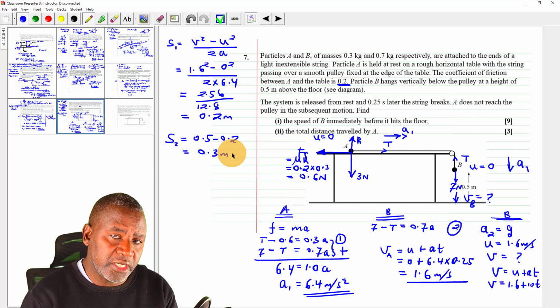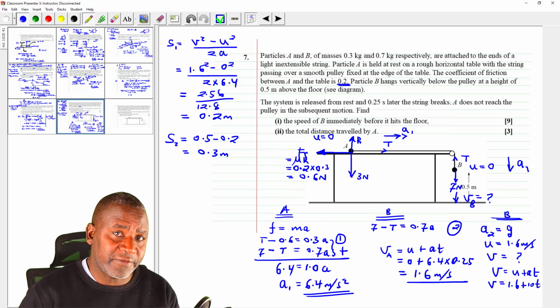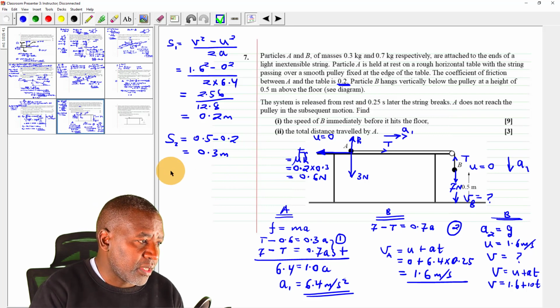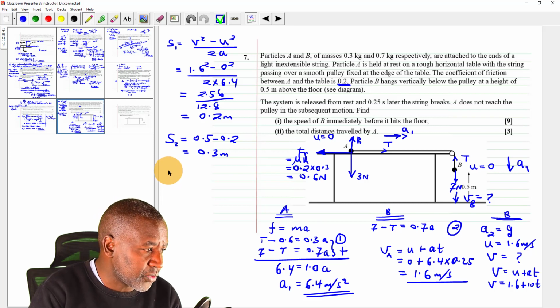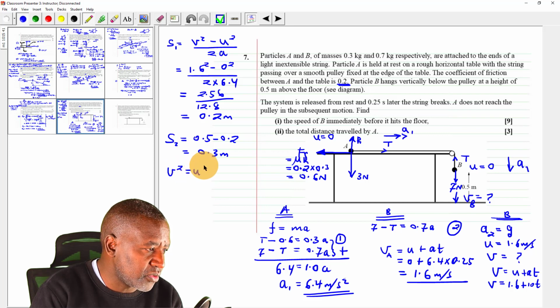So I have the final displacement that that particle covers. I have the initial velocity. I need the final velocity. And remember, I know the acceleration. Acceleration is acceleration 2, which is g. So I can use v squared equals u squared plus 2as.